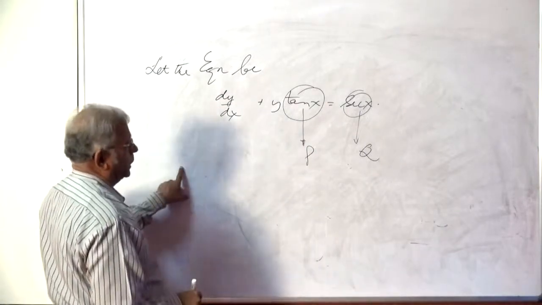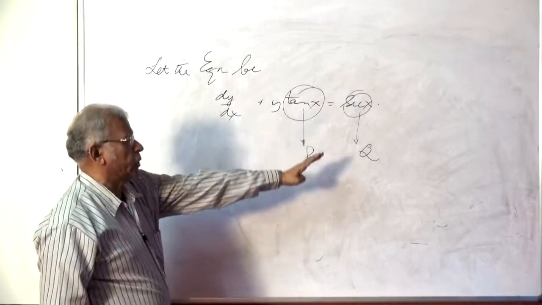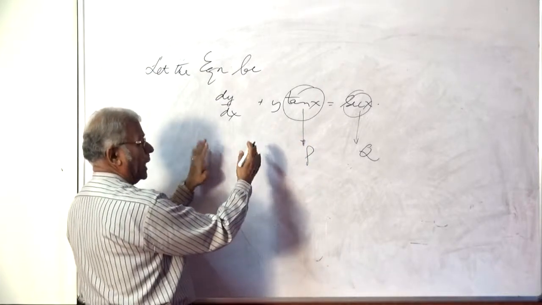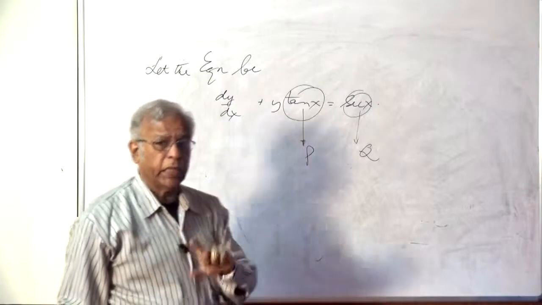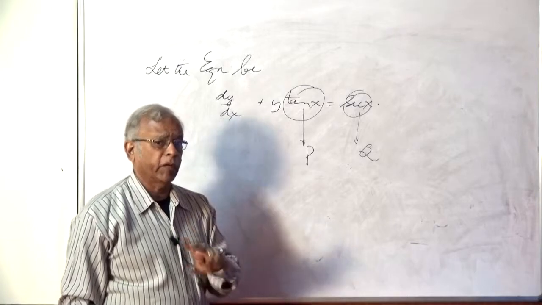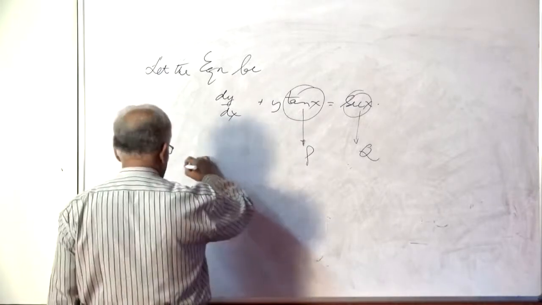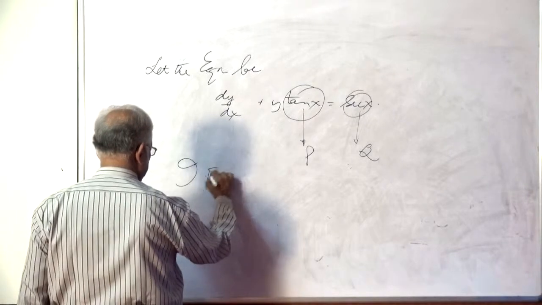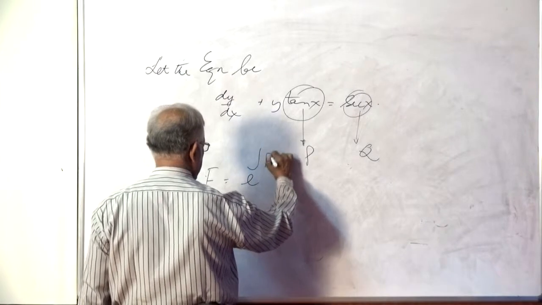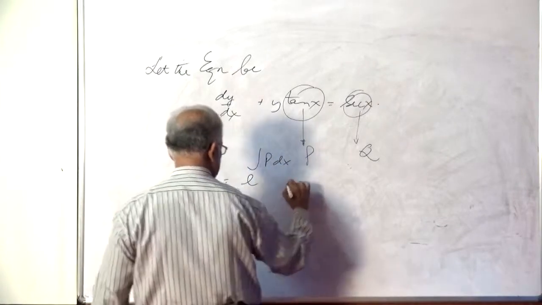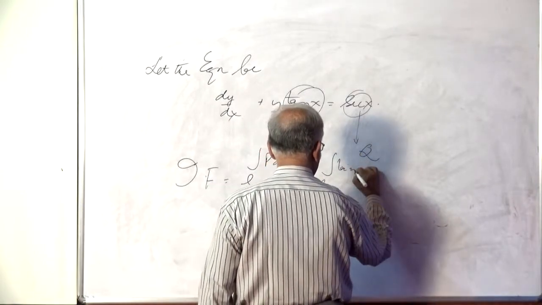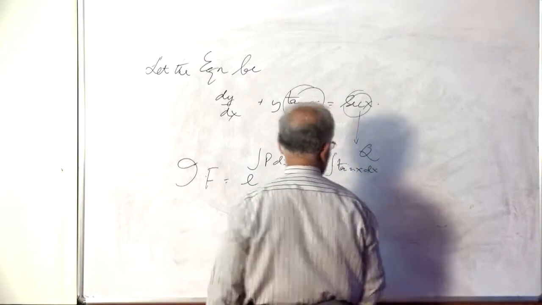Now we just saw that to transform this equation in such a way that the left hand side becomes the d/dx of y into something, we have to multiply by an integrating factor. That e to the power of integral P dx is called the integrating factor. So here we write the integrating factor as e to the power of integral P dx. In other words, that is e to the power of integral tan x dx.